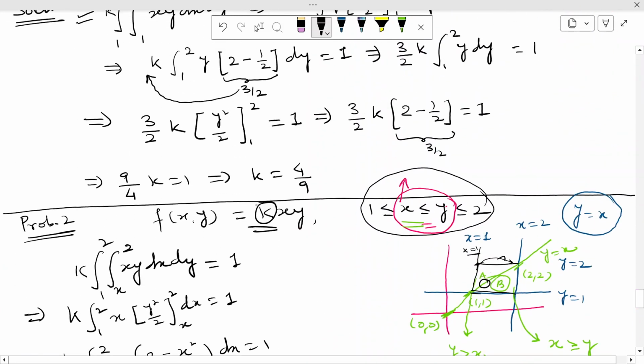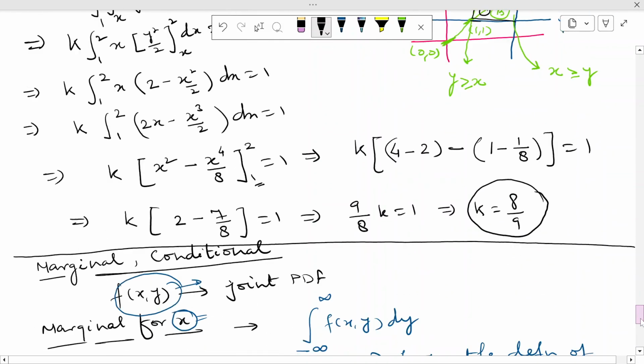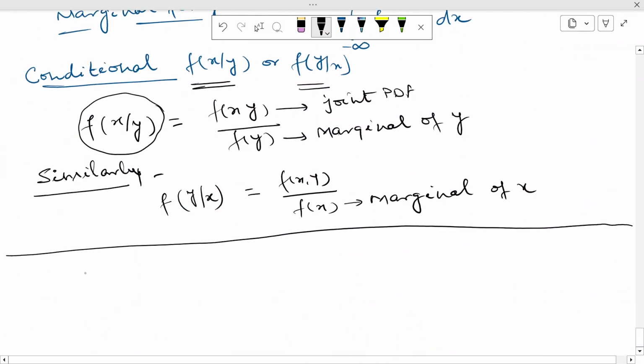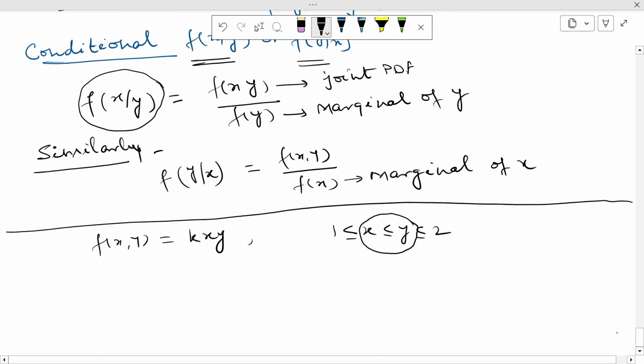So we are given this fxy as k times xy, and the domain is given as x and y both varying from 1 to 2, but this time with a condition or restriction that y is always greater than or equal to x.